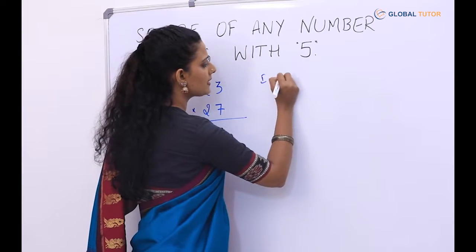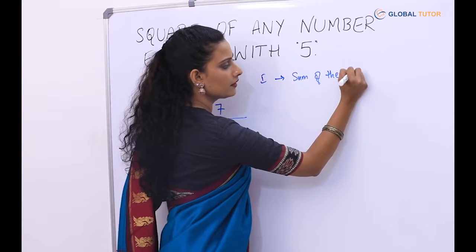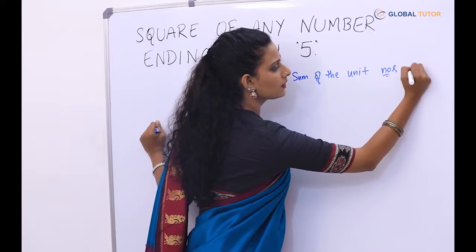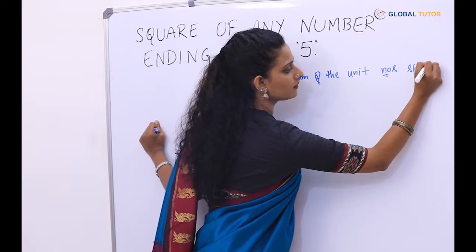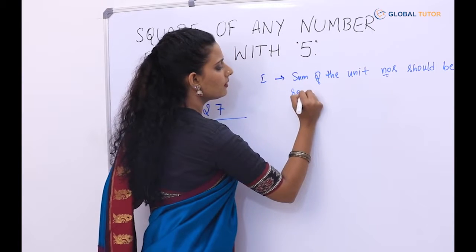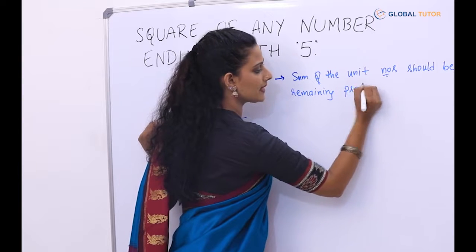So the first step is: sum of the unit numbers should be 10, and the remaining previous numbers should be the same.